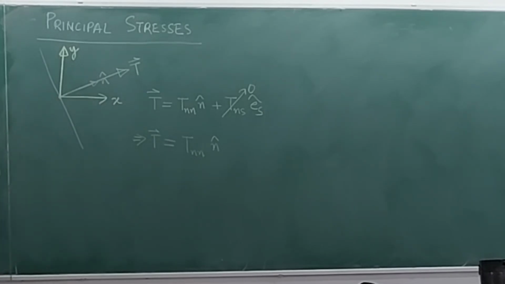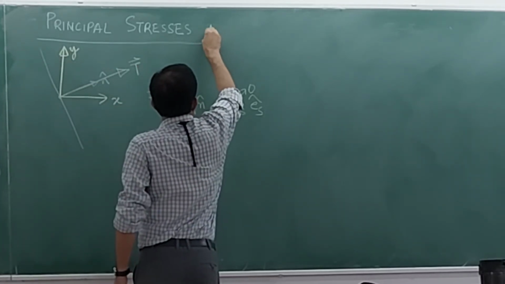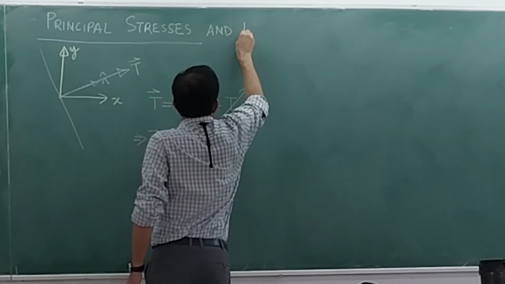The T vector is oriented entirely along the unit outward normal. The Tns, the shearing component, is 0. In fact, this is the fundamental definition of principal stress, that on such a plane where the shearing stress is 0, that is what is referred to as the principal plane. In fact, it would be better if I write this as principal stresses and principal planes.